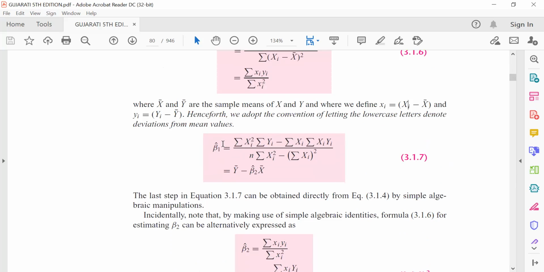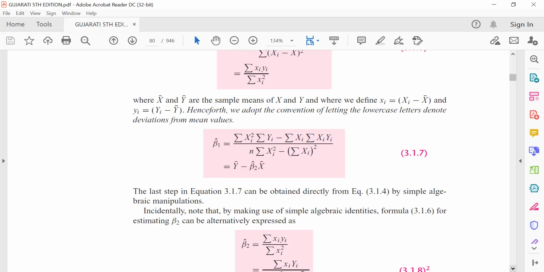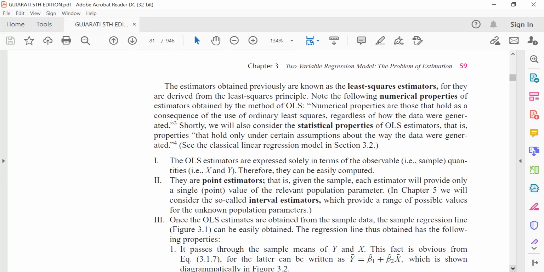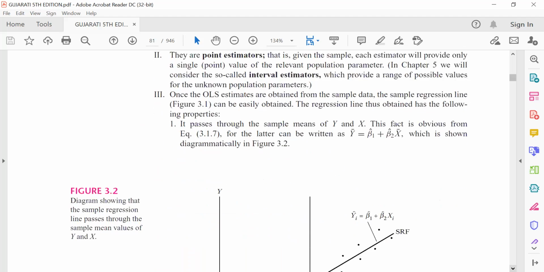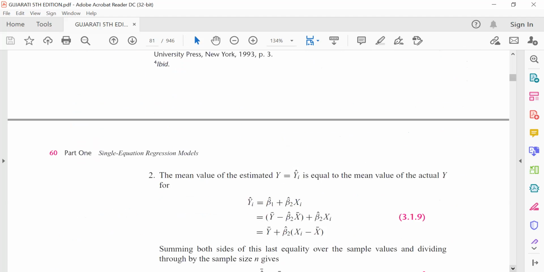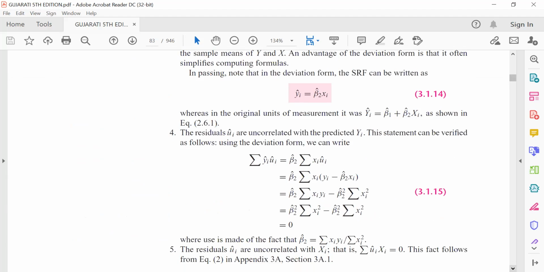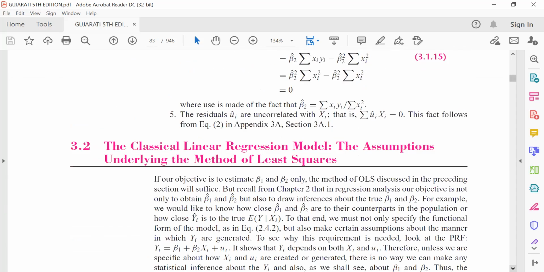Beta 1 is in this equation: sigma x squared times sigma y minus sigma x times sigma xy over n sigma x squared minus (sigma x) squared, or y bar minus beta 2 x bar. This is another equation for the exam.